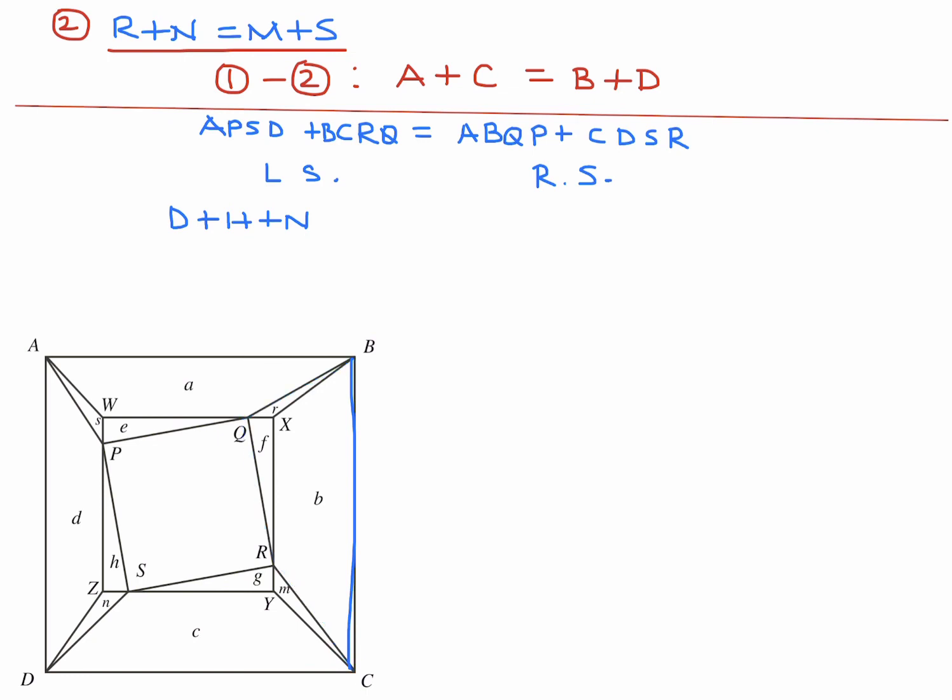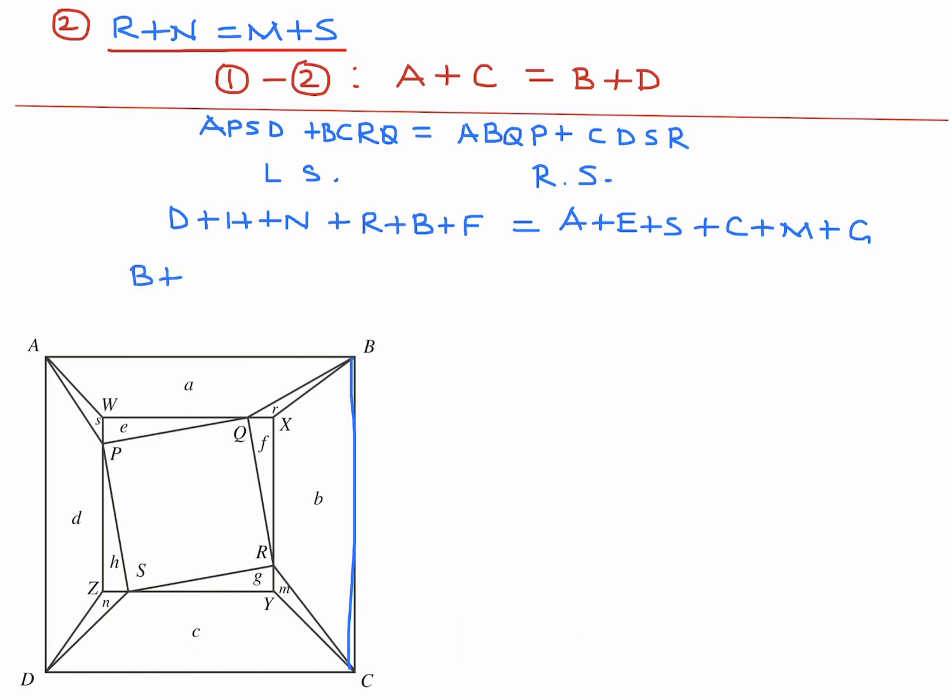That one, in terms of our letters, is R plus B plus F. And then these ones here, I'll just write them out. It's A plus E plus S, and then C plus M plus G.